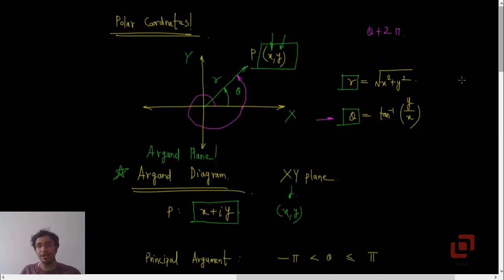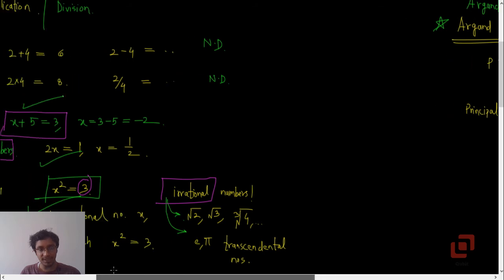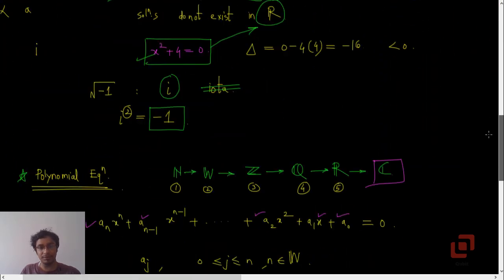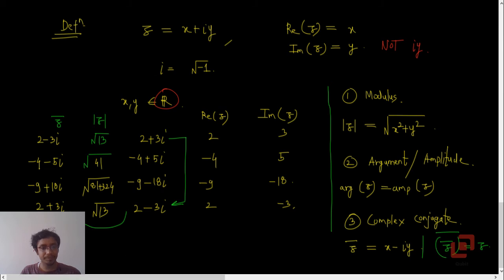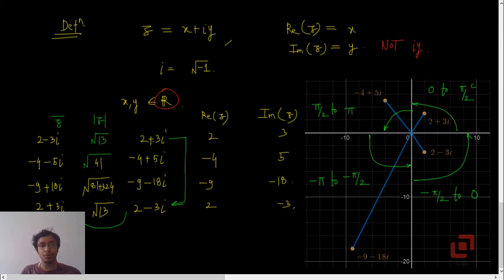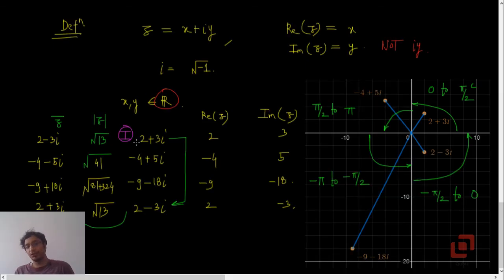Okay, so if we have any complex number in the first quadrant, let's go back to those complex numbers which we discussed, these four. You notice that 2 + 3i lies in the first quadrant because the corresponding point is (2, 3). So for this particular complex number, the argument will be between 0 degrees and 90 degrees.